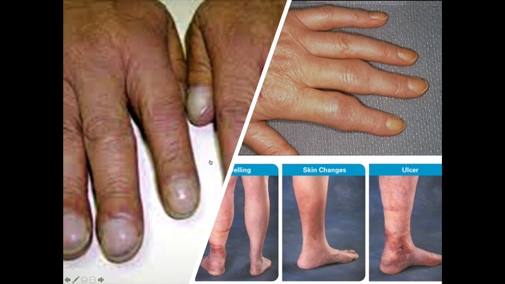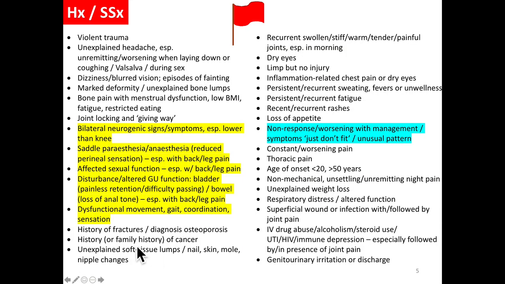Here's an example. On the left there you can see some curvature of the nails. So back on here we had down the bottom on the left hand side, unexplained soft tissue lumps. We've got nail, skin, mole or nipple changes.